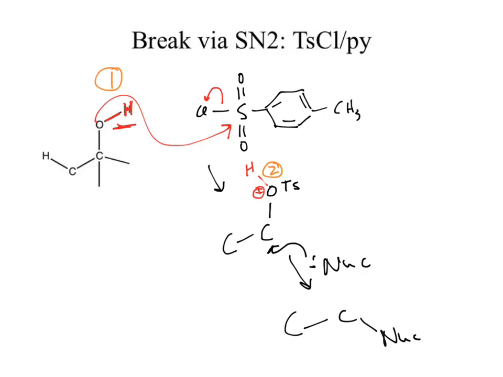O negative. Okay, charged. Is that a particularly stable thing? No. What's the conjugate base in our second step? OTS. No charge. Which one's more acidic, first or second? Second. It's generating a more stable conjugate base.